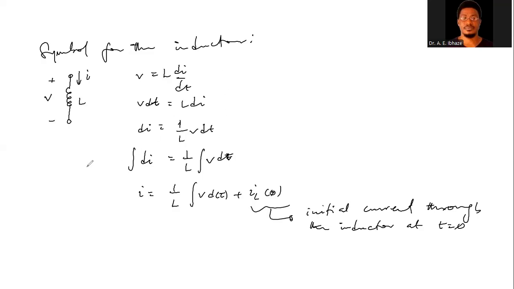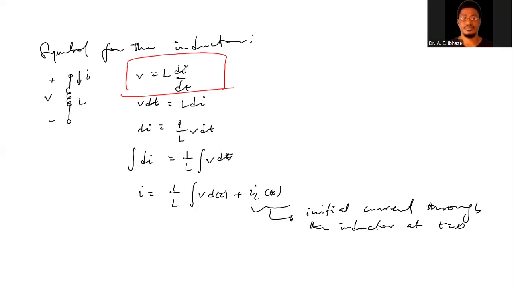So from the voltage-current relationship, we now see that when the current does not change smoothly, no voltage is created across the inductor, from this expression. So it means that we can only measure voltage across this inductor when the current changes smoothly over time, when it is continuous over time.